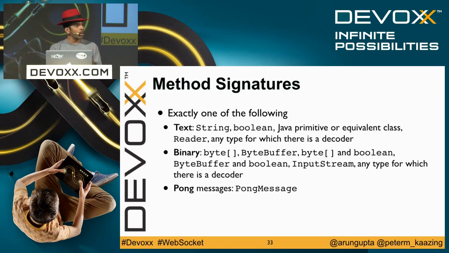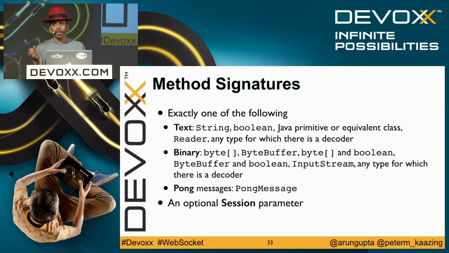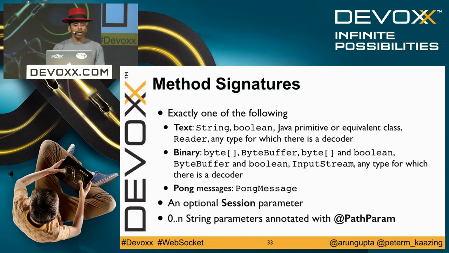So either way, Reader or InputStream would work. And then there are ping pong messages, which are defined in the protocol, where you can keep your connection alive. You need to handle the pong message, because the server could send a pong message, in which case the client needs to be able to handle it. You can have an optional session parameter, which gives you more detail about the client and server communication. And then you can have a whole bunch of additional string parameters, which allow you to map the variable part of the template.